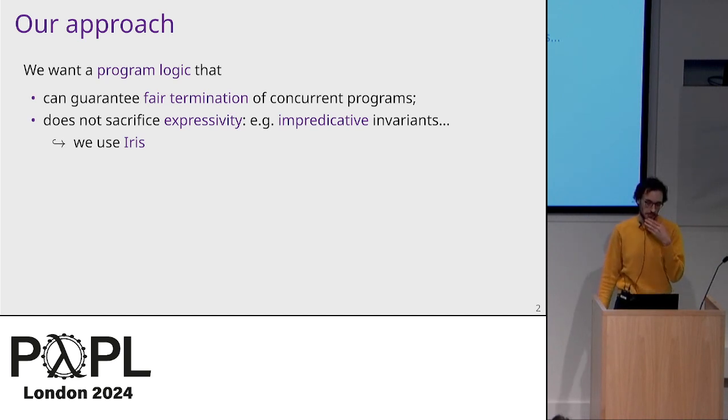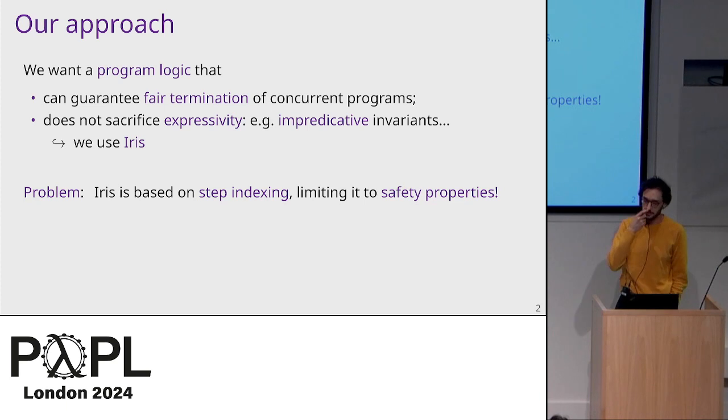So in this work, we try to take the other direction. We start from a logic which is very expressive, but can only handle safety, in that case Iris, of course. And then we try to see how we can prove fair termination of concurrent programs. Now there is a slight problem, which is that Iris is based on step indexing, which fundamentally says that it can only prove safety properties.